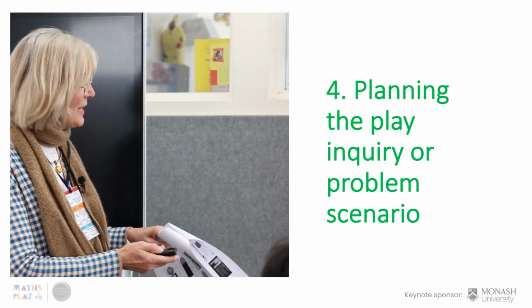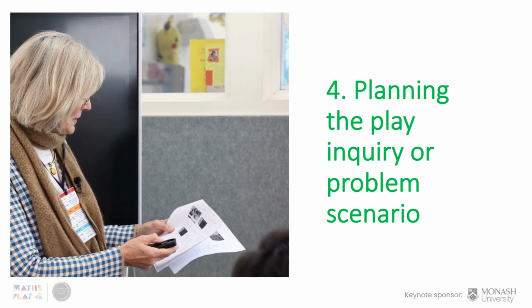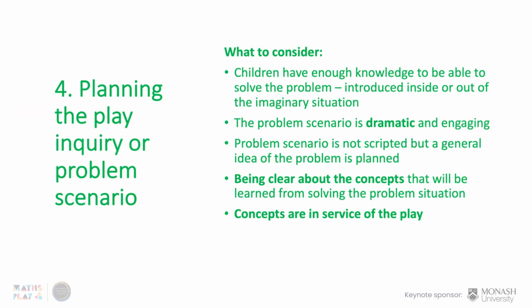It's the authenticity in particular that matters here. The children really, really want to solve the play problem that comes up. They want to use the concepts to service the play. So they really want to go back to the maths lab and sort out that problem so they can introduce it to Ravi, as we heard Katie mention in the previous video.